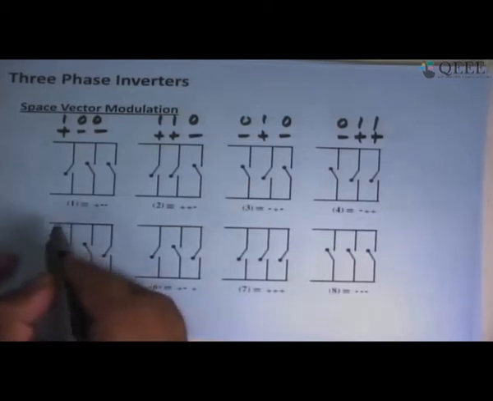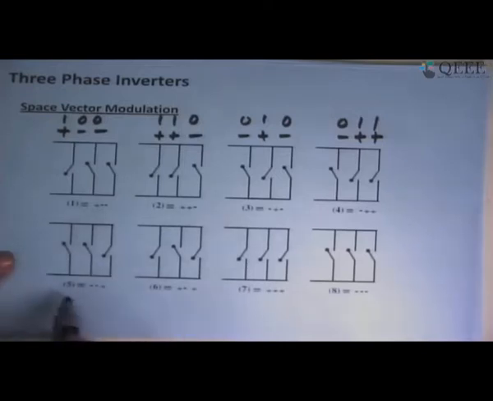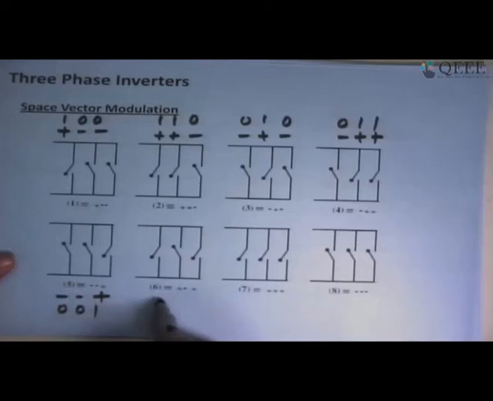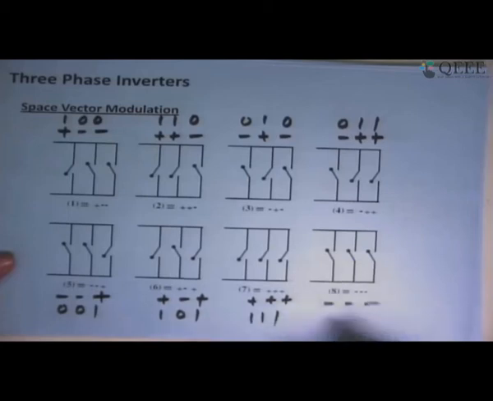Similarly, this is minus minus plus, which is 0 0 1. This is plus minus plus, which is 1 0 1. Plus plus plus is 1 1 1, and minus minus minus is 0 0 0.